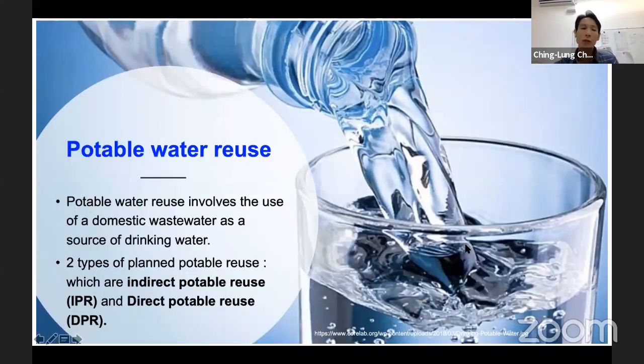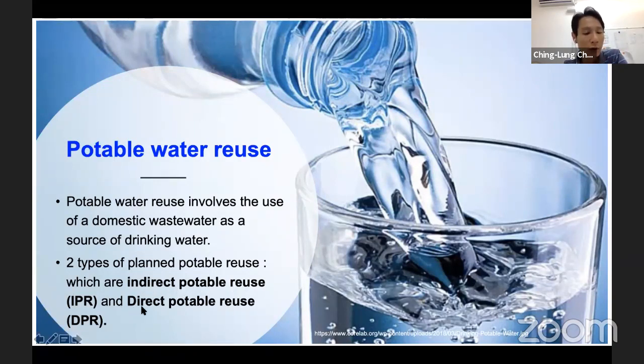Okay, so next is called potable water reuse. Potable water reuse involves the use of domestic wastewater as a source for drinking water. And then there are two types of planned potable reuse. The first one is called indirect potable reuse.